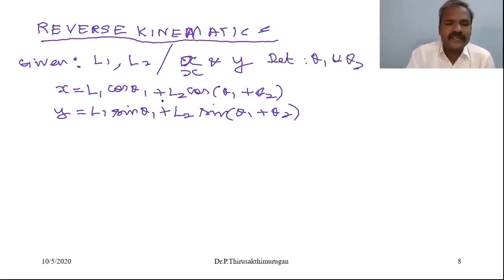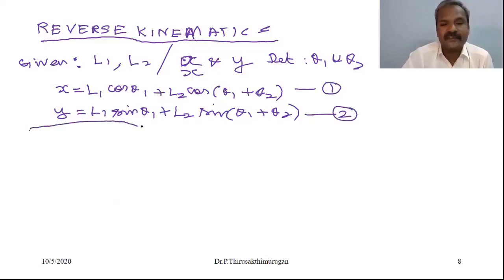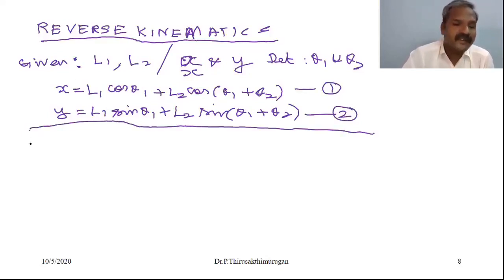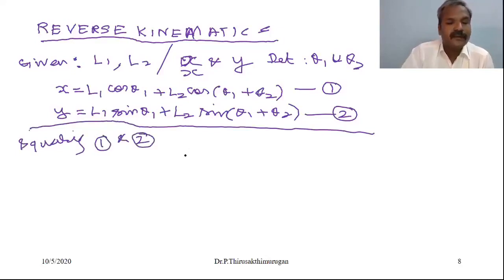To determine theta 1 and theta 2, say this is equation number 1 and this is equation number 2. Square both equations and add.